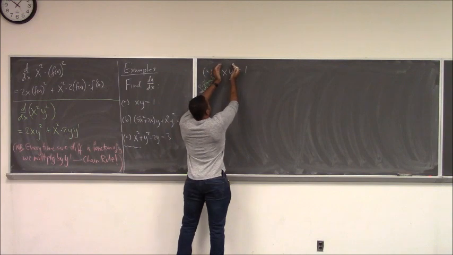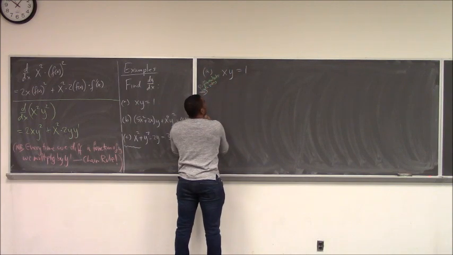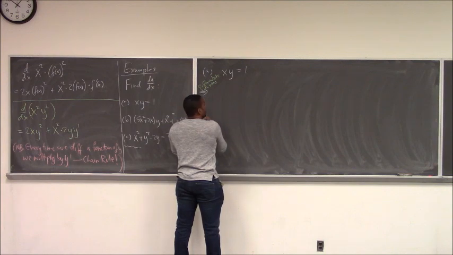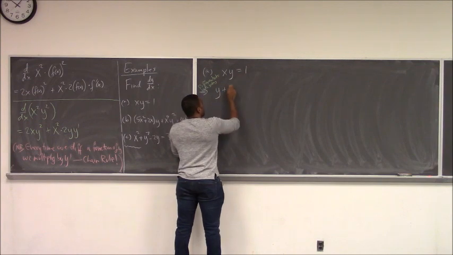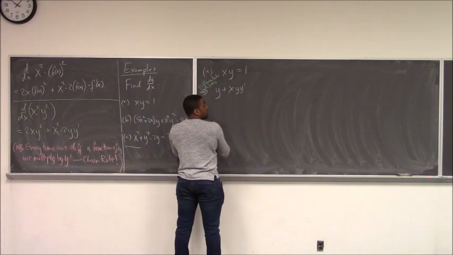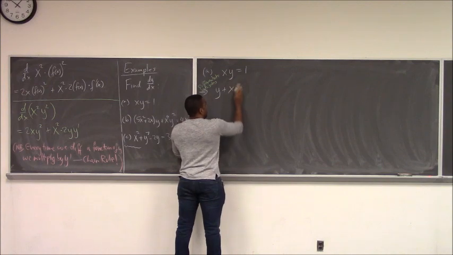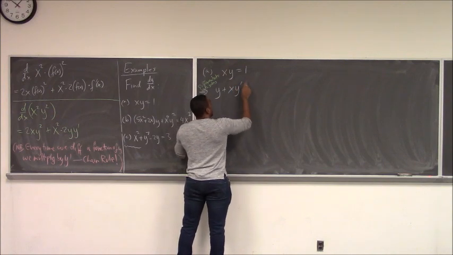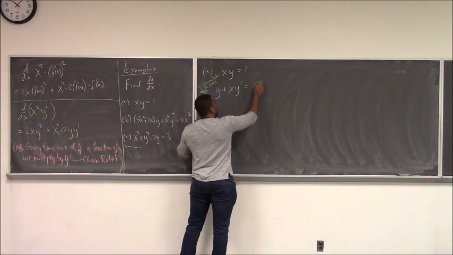So what would the derivative of the left side look like? That's your cue. What would it look like? Y plus x, y prime. Wait, hold on. It's not chain rule, it's product rule. Yes. X, y prime, sorry. Okay, all right. Derivative of 1? 0. Okay.